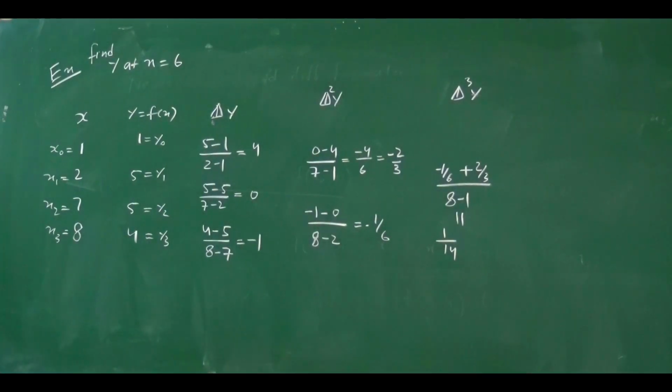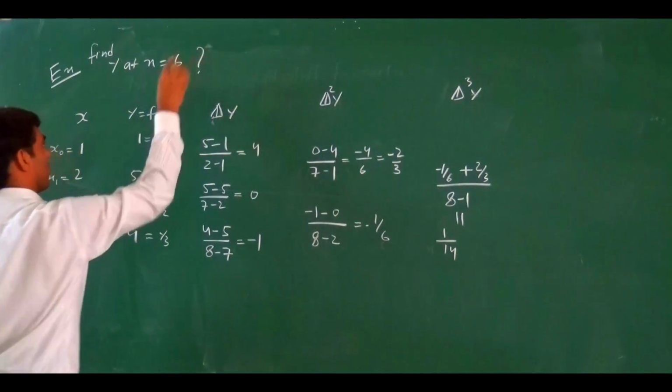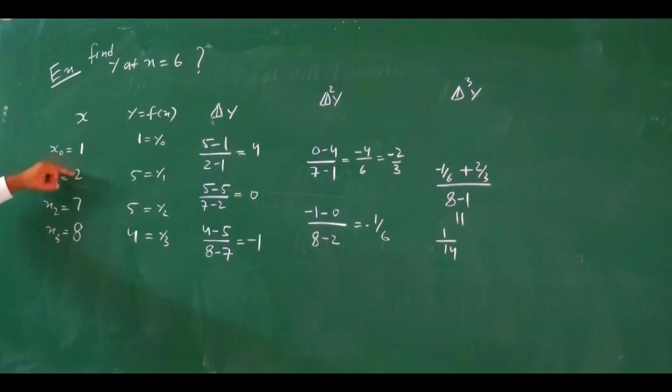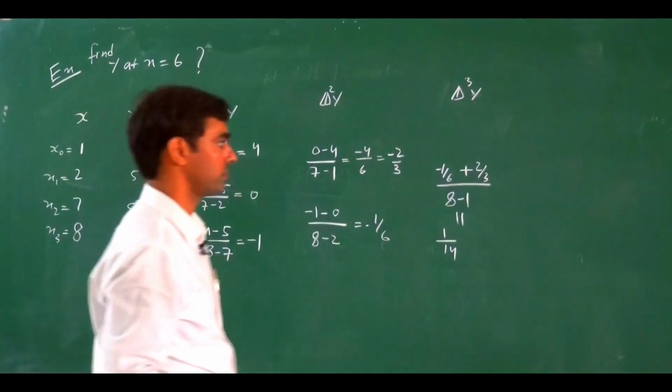Suppose this is the problem. If we closely observe, the arguments are given for unequal class intervals: here the difference is 1, here 5, here again 1. So we cannot apply the interpolation formula for equal class intervals. Here we need to apply the interpolation formula for unequal class intervals.